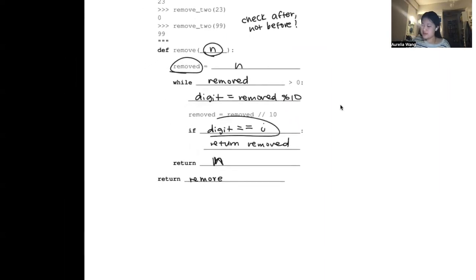More specifically, we're checking every digit to see if it's equal to i. If that's not the case, then we exit and just return n instead. That's also another important distinction to keep track of, returning the number if i is not in the integer itself. But the main takeaway from this problem is to be vigilant in the wording and to use the doctest to guide you in your implementation.